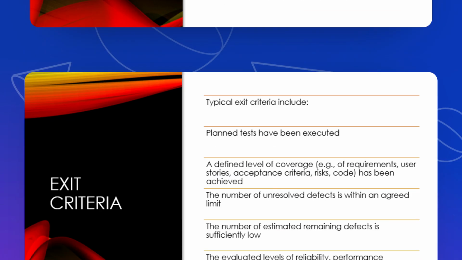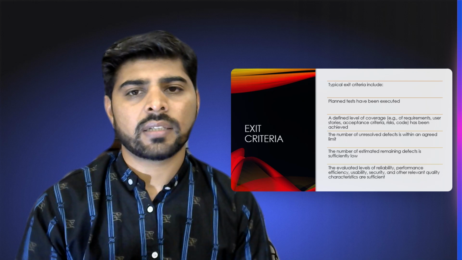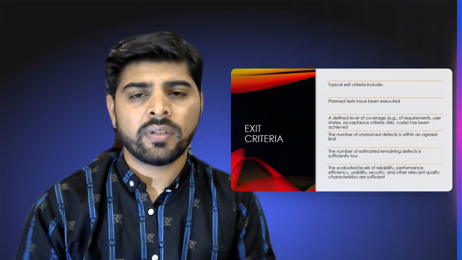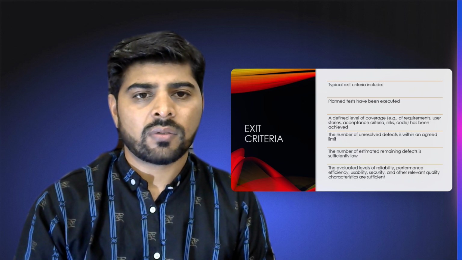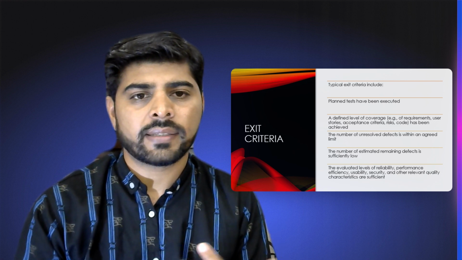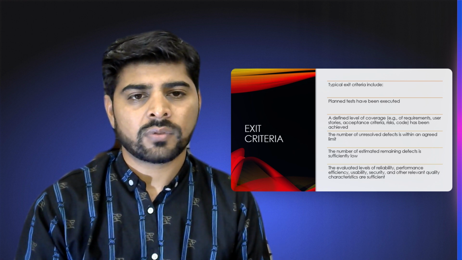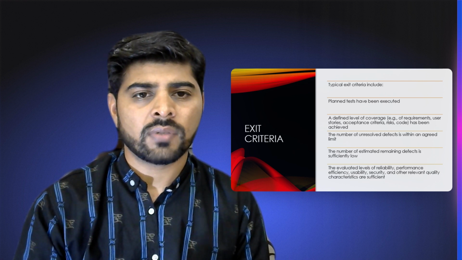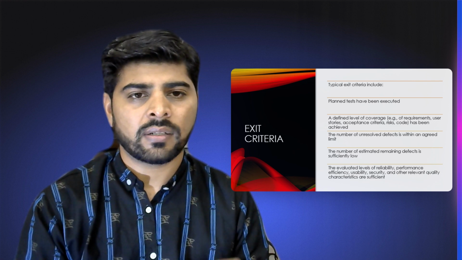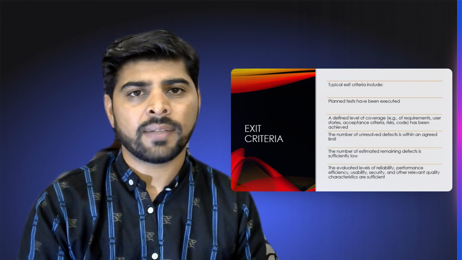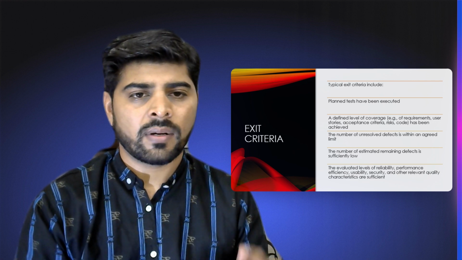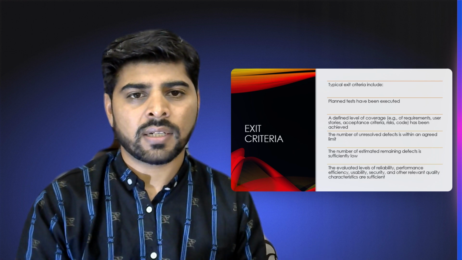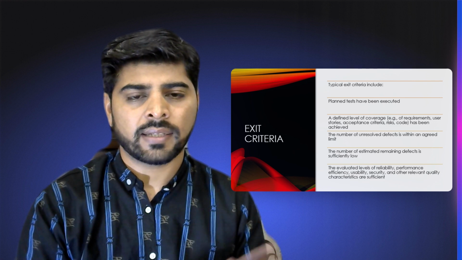So now let's discuss exit criteria. When will we exit? When planned test cases have been executed. As you know, we cannot test each and everything. So if we achieve the desired level of quality, and mostly high priority bugs are fixed, then we can say that we have met the exit criteria.